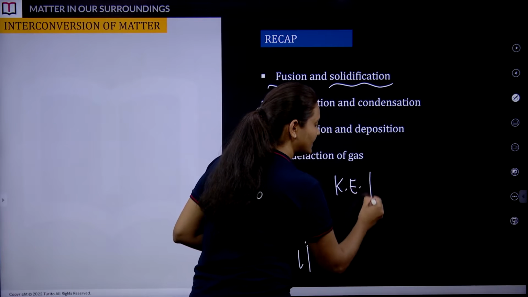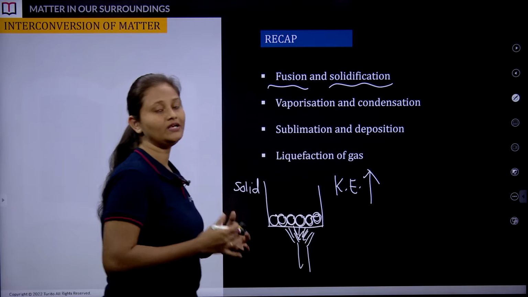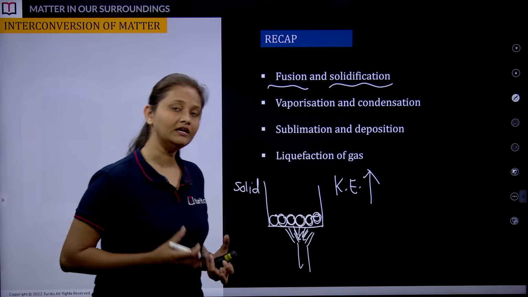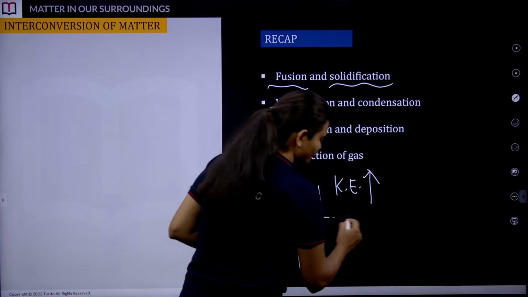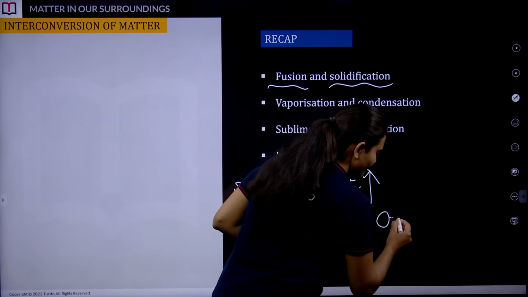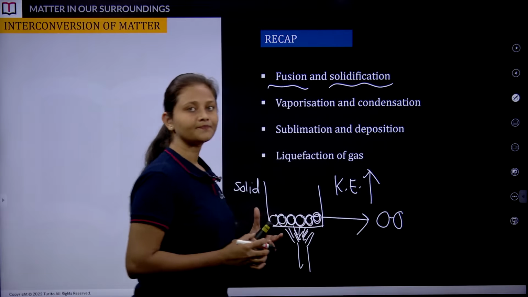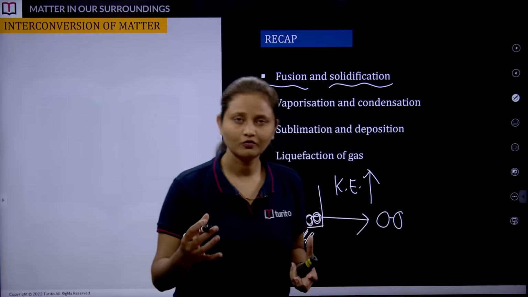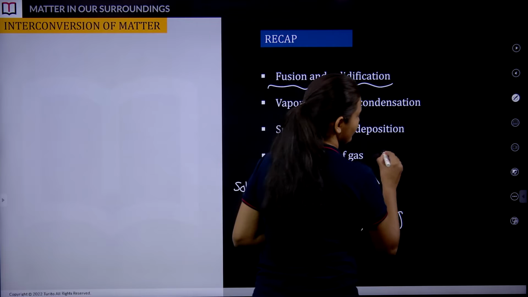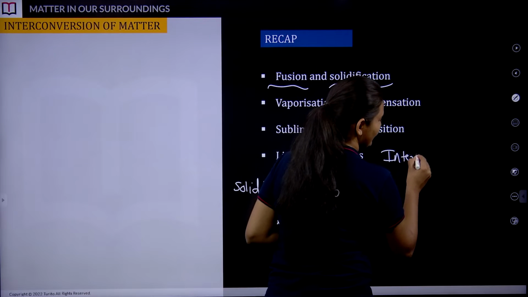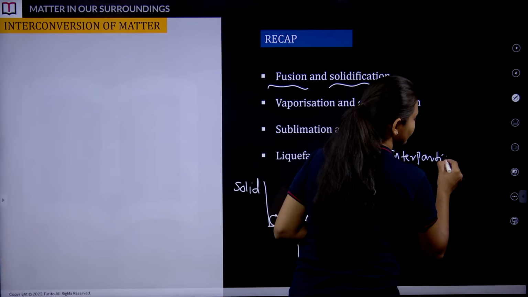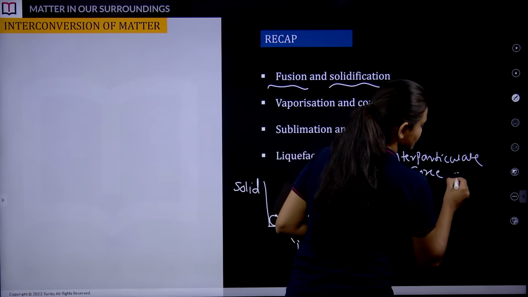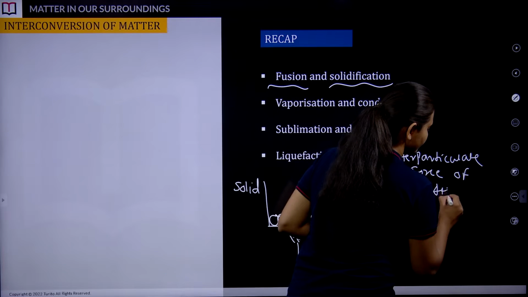The kinetic energy of the system is going to increase. If I want to zoom in, I can show you there is some kind of force of attraction, right? That is what we have called interparticulate force of attraction, or intermolecular force of attraction.